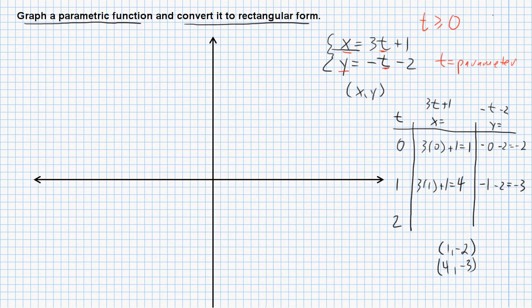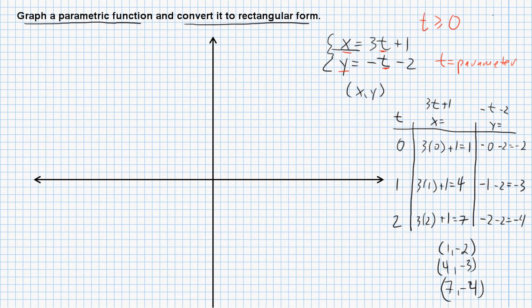Then we put the third value in. 3 times 2 plus 1, that's 6 plus 1 is 7, and negative 2 minus 2 is negative 4. So the ordered pair 7, negative 4 is part of our function.